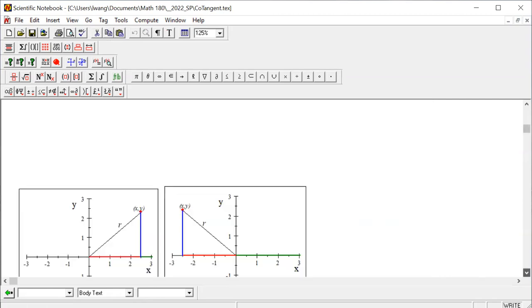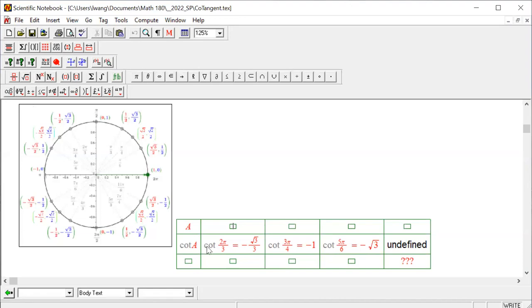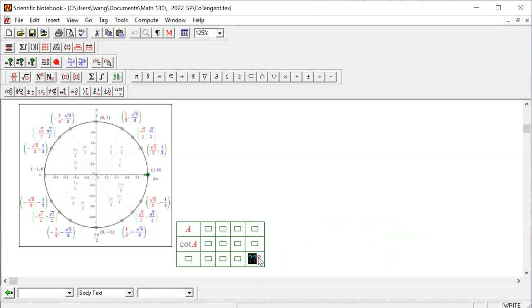Okay, so let's keep going. Quadrant 3. We're going to plot points just a little later. Now, quadrant 3, and of course, all of these points will change. So we're going to measure the angles from the standard position: 7 pi over 6, 5 pi over 4, 4 pi over 3, and 3 pi over 2.